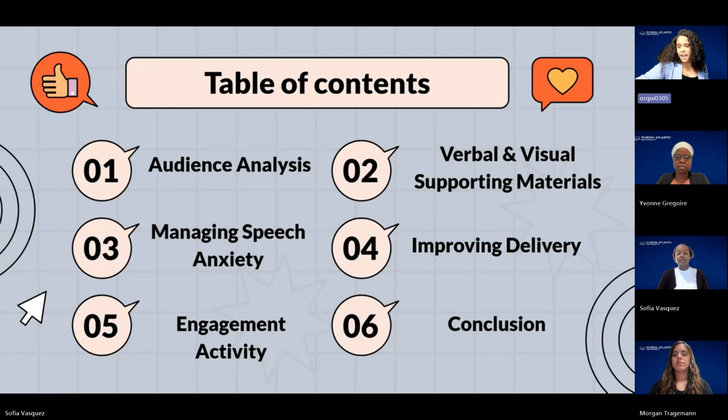The first is audience analysis, followed by verbal and visual supporting materials. Next, we move on to managing speech anxiety and how to improve the delivery. We then apply these concepts to some scenarios in an engagement activity and conclude with a summary.